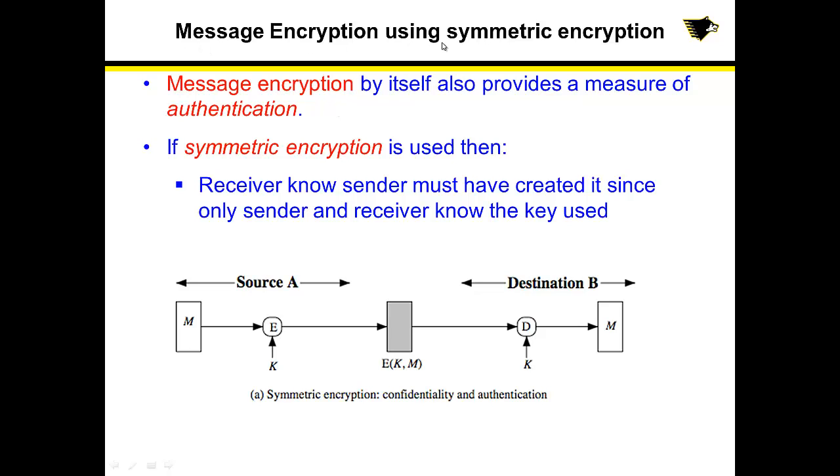First, we know the symmetric encryption can be used for message authentication. Why? Let's see, this is the source A, this is destination B. So source A wants to transmit this message to destination B. So we can encrypt using the symmetric method.